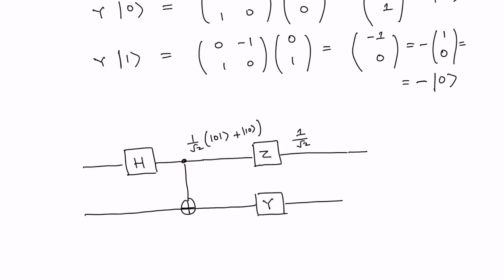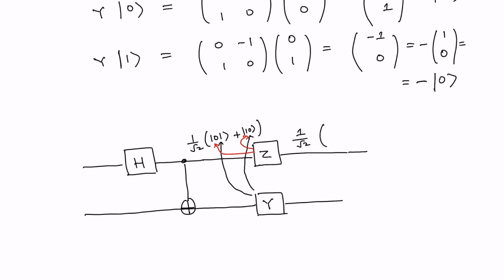By the way, Y gate is going to operate on the second qubit, and the Z gate is going to operate on the first qubit.